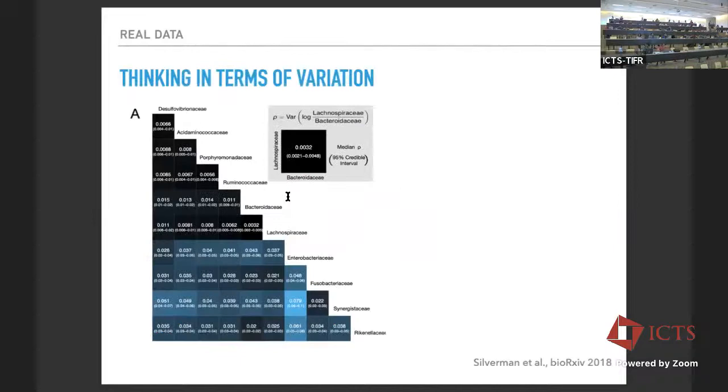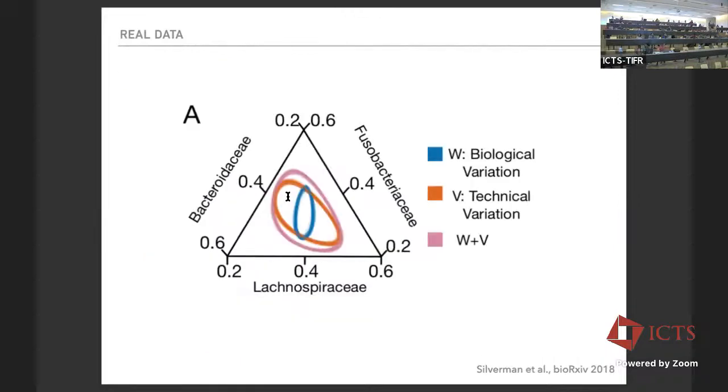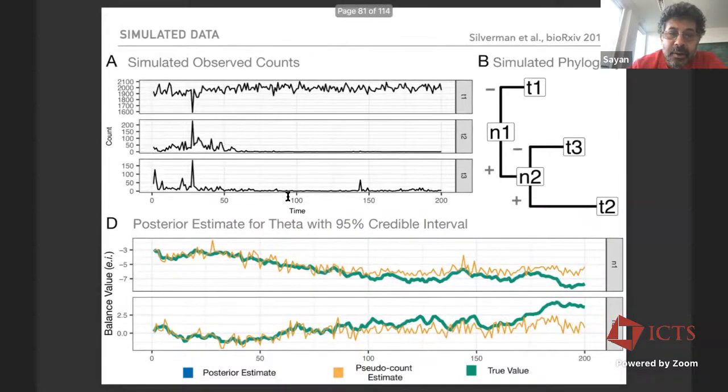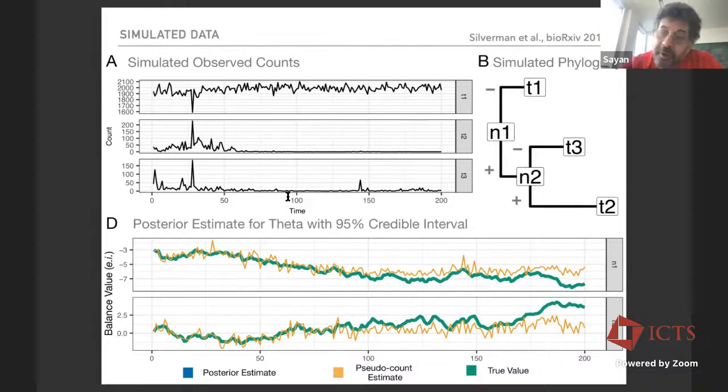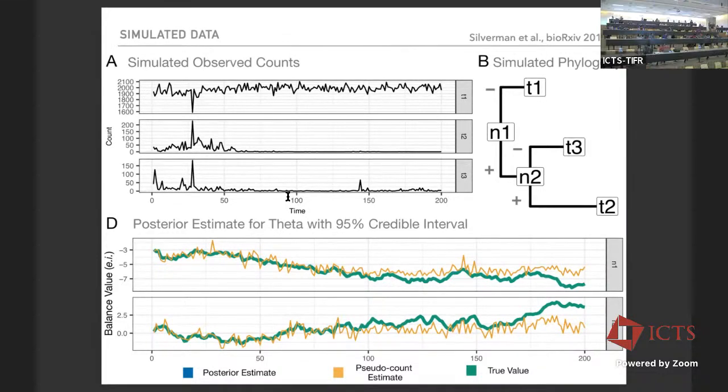Question, if you could go back a couple of slides. Yeah, sure. So these are simulated observed counts and posterior estimates for theta. Okay, I missed the true value. All right, I'll show you real data as well soon. I was interested in how well you're doing with the synthetic data.